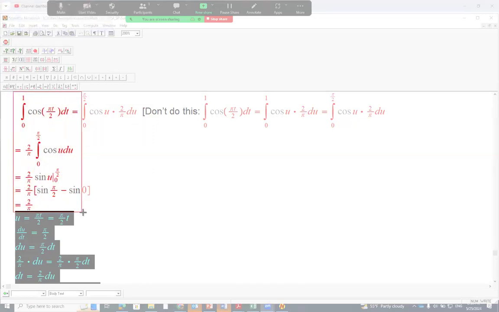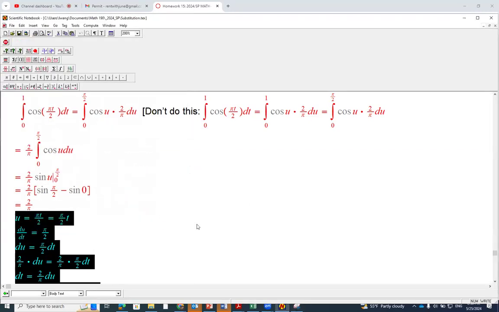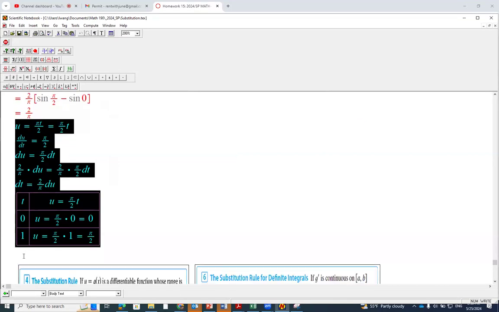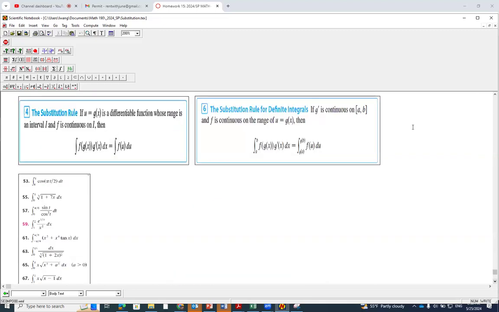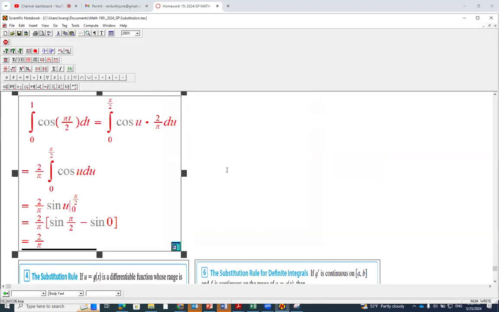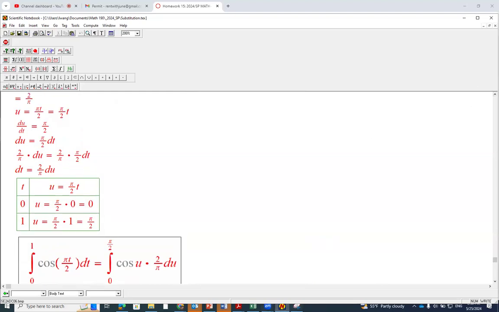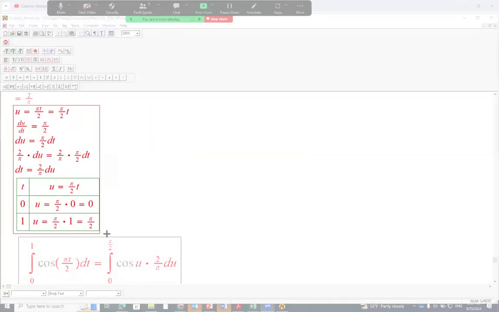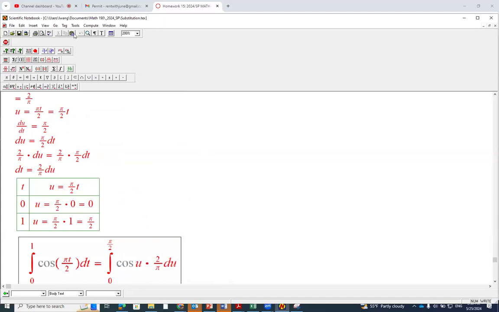You can show this part of the work over here, and the other part of the work, screenshot, and this part of the work just next to it.